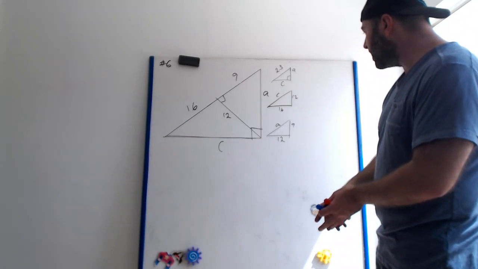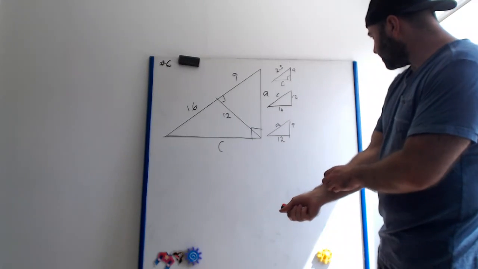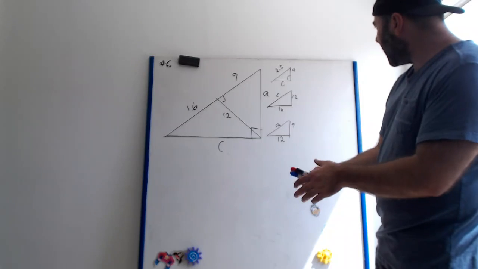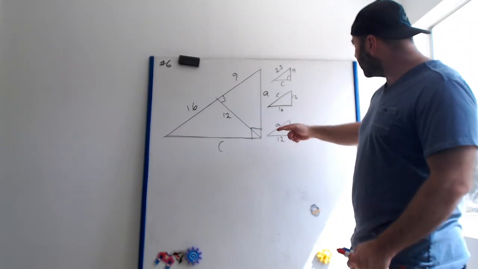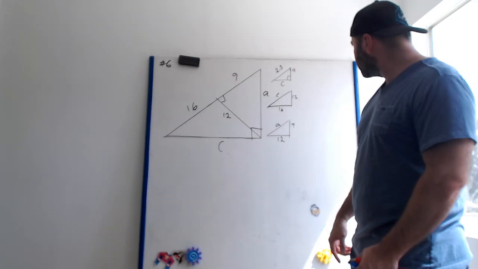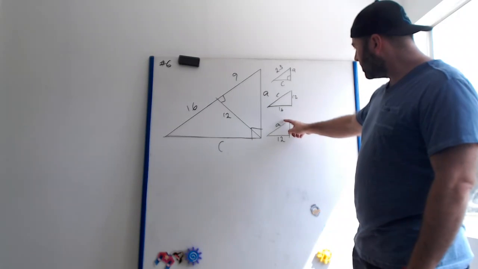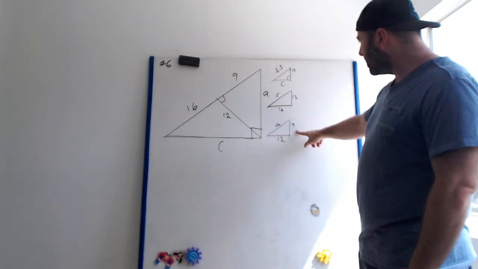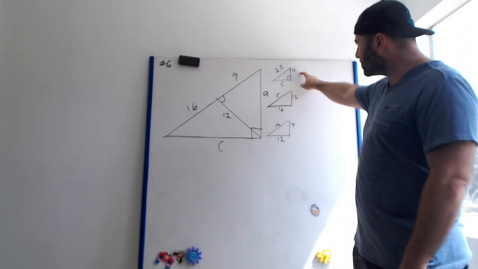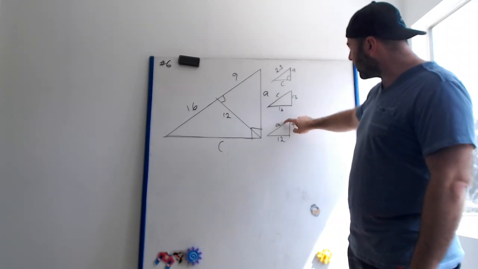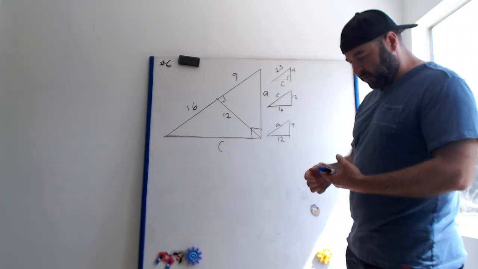For example, if I wanted to solve for A, here we have the hypotenuse and the short side. And that matches up with the large triangle of the hypotenuse and short side.